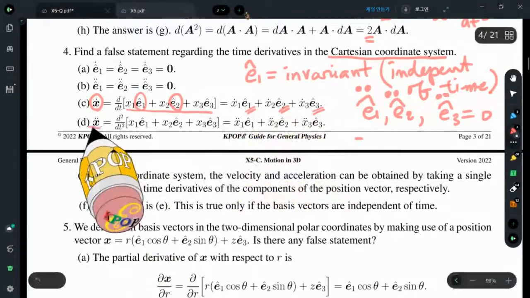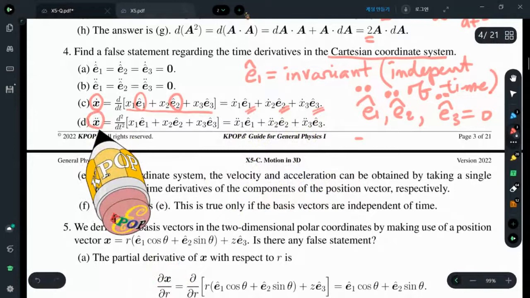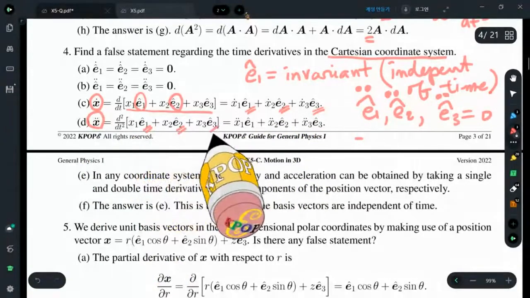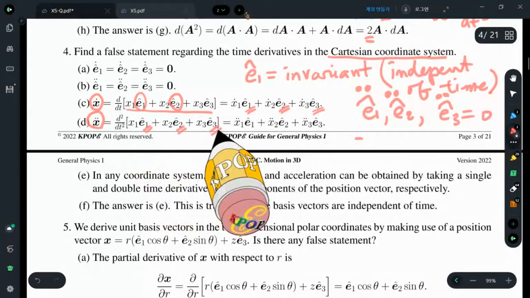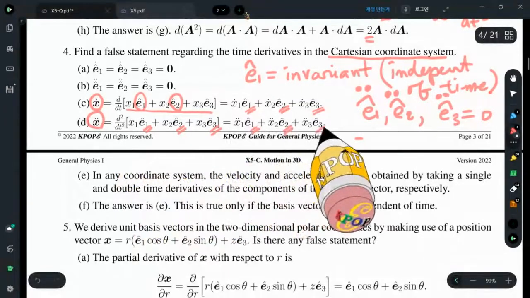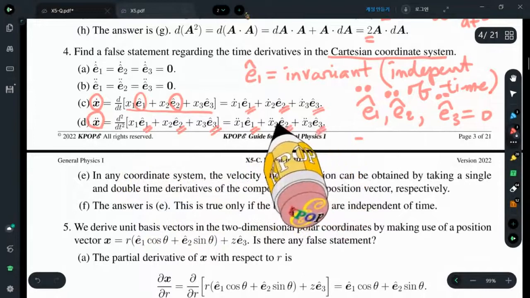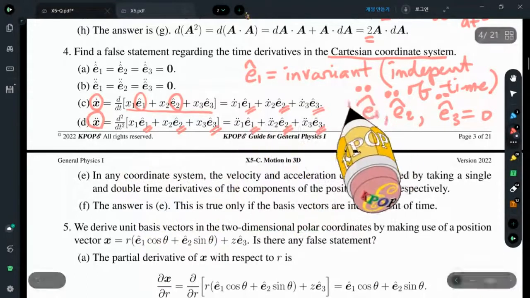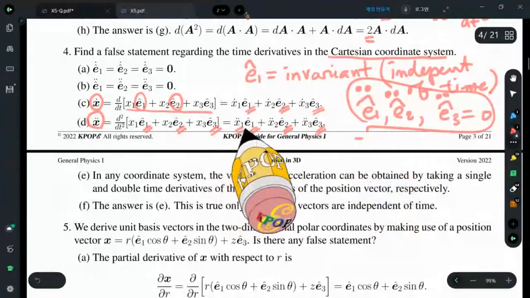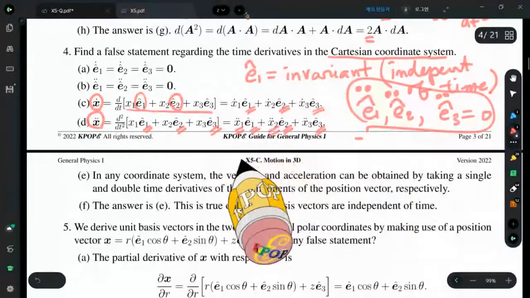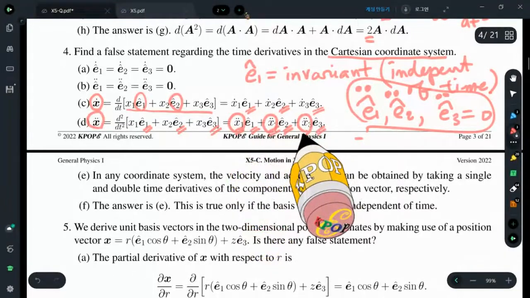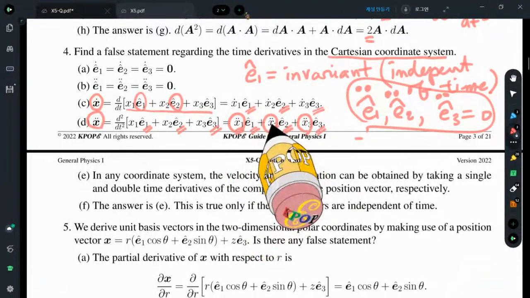In a similar manner, I can take the double time derivative. Still, the unit vectors of the Cartesian coordinates are invariant, so there is no time derivative because they all disappear. So only the Cartesian components have double time derivatives. So it is very simple.